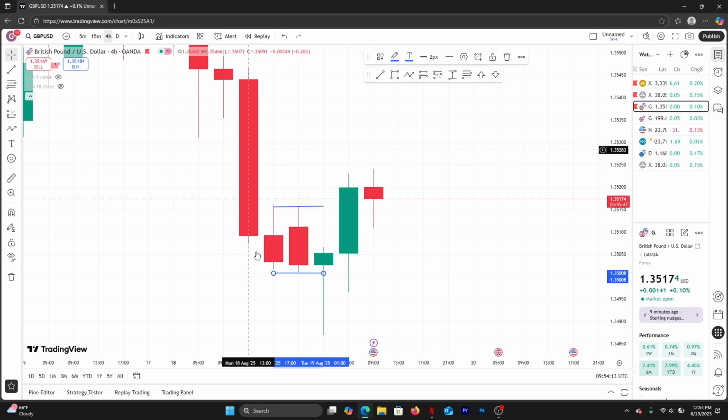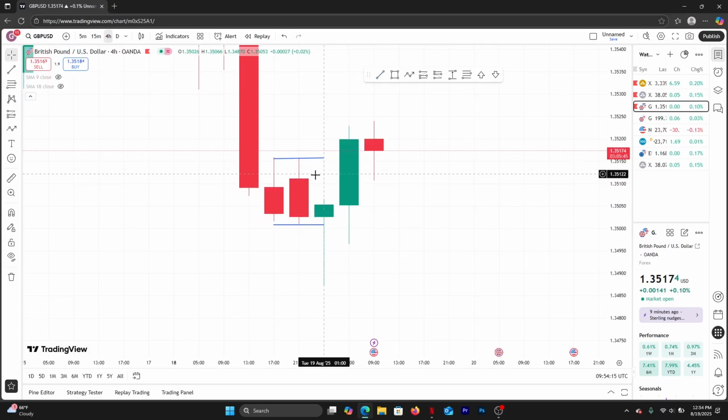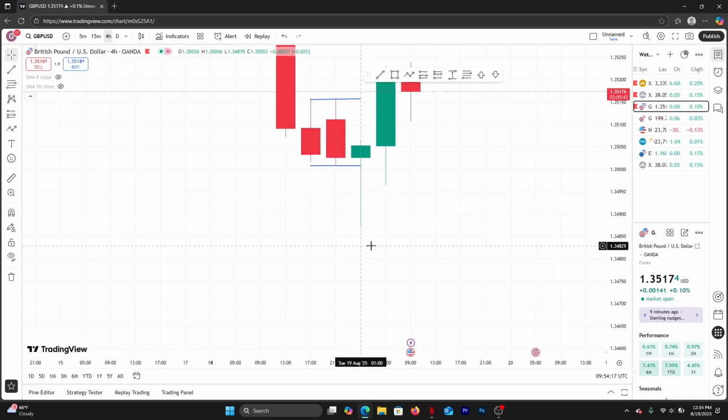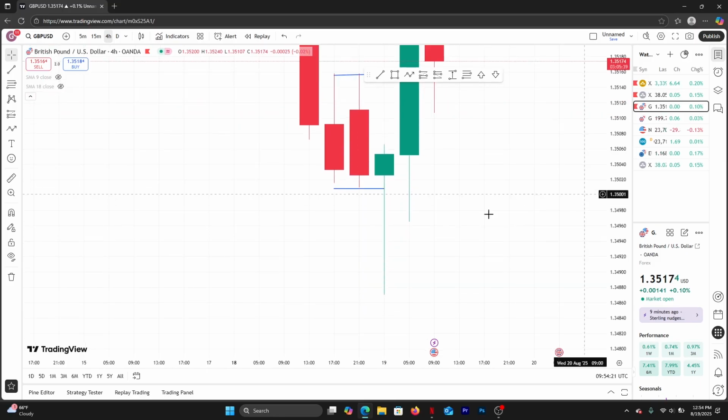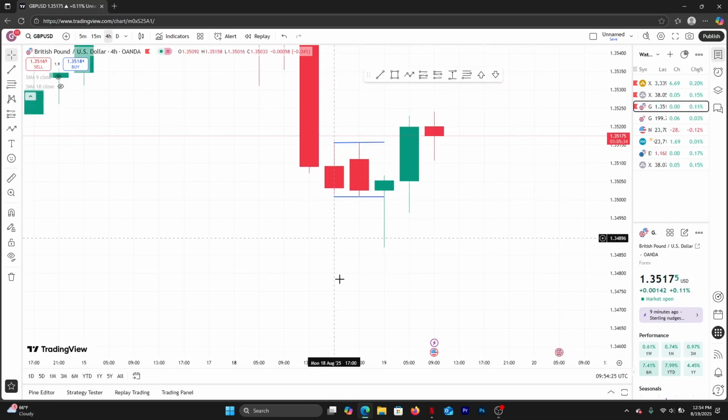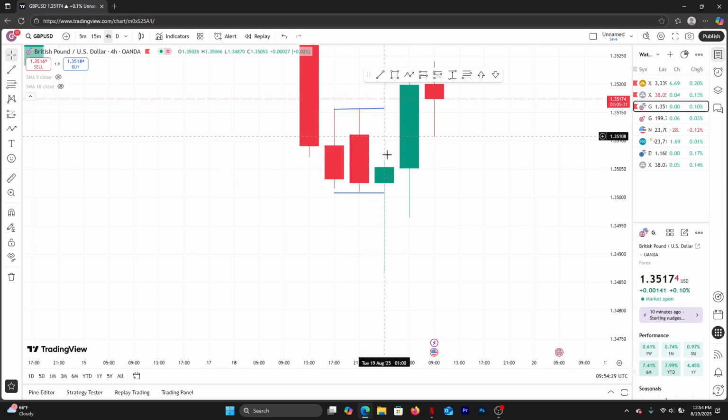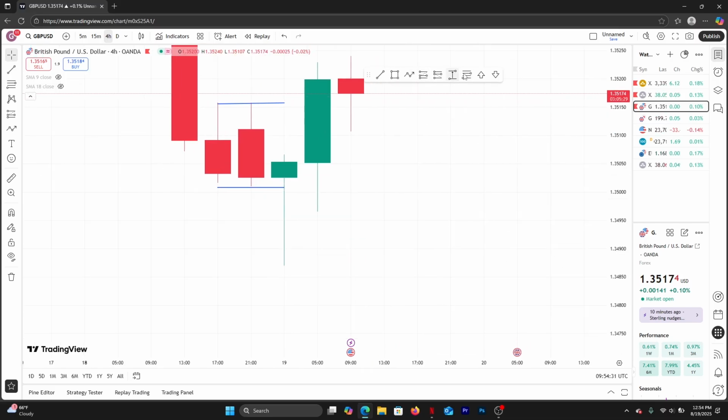So we had an expansion lower, and then a consolidation, and then price clearing this lower sell side liquidity, or this lower relative equal lows, and then closing back inside this range, and this candle here gave us a dealing range.